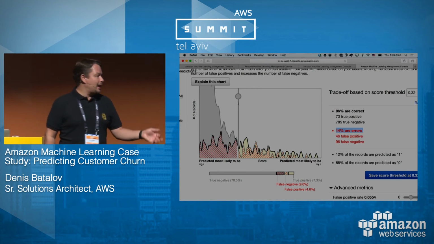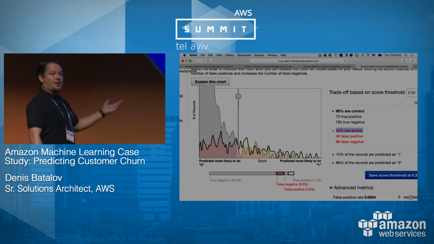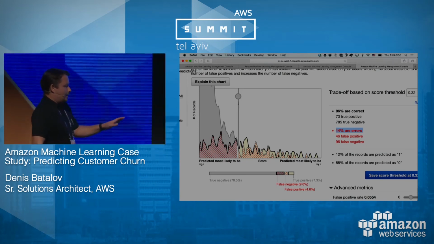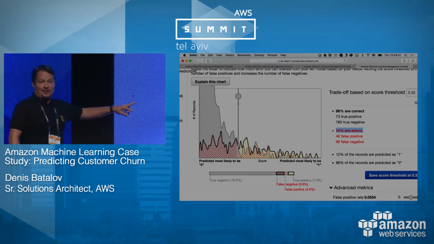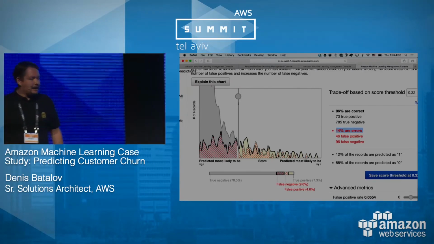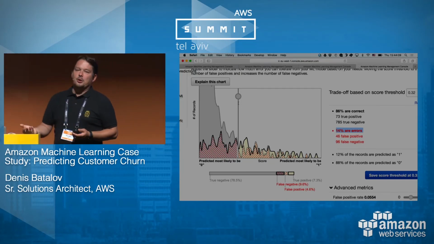And a false negative is a customer predicted to stay but will actually leave, possibly a worse kind of error to make. And we need to look at the relative costs of these errors. What is more important for me? And what kind of decision will I use once I employ this machine learning model?